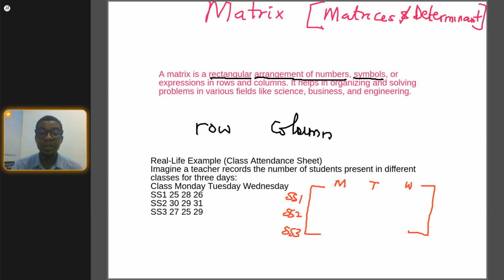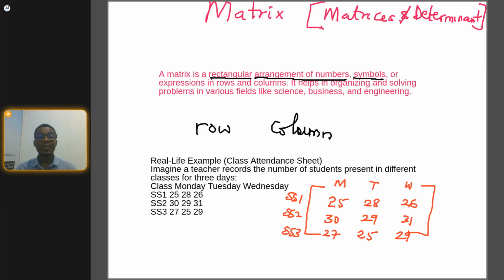So I want to represent this information in a matrix. For SS1, this one is going to be 25, this will be 28, and this will be 26. For SS2, this will be 30, this will be 29, and this will be 31. For SS3, we have 27, we have 25, we have 29.